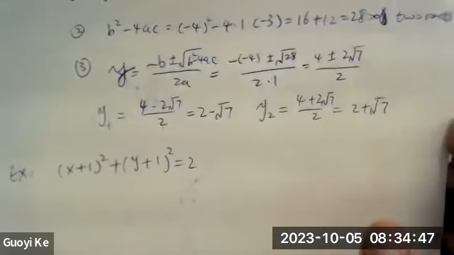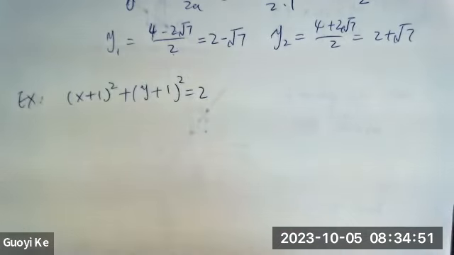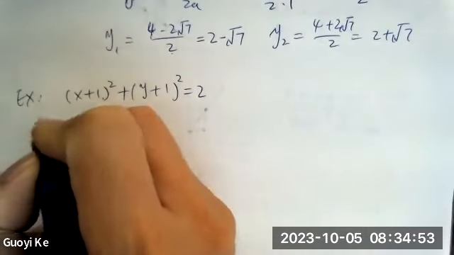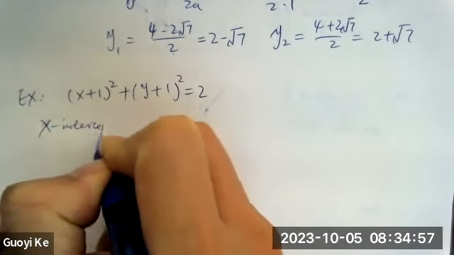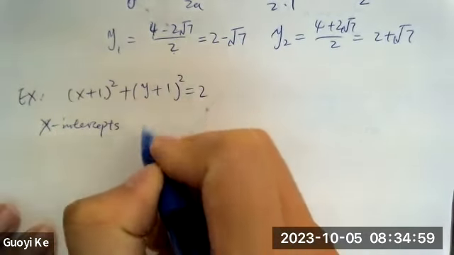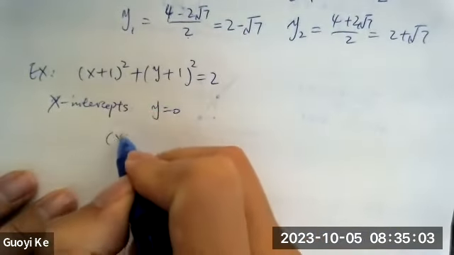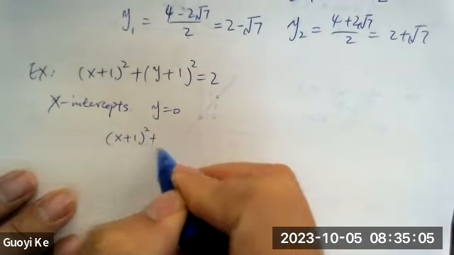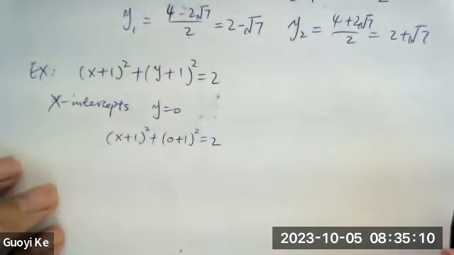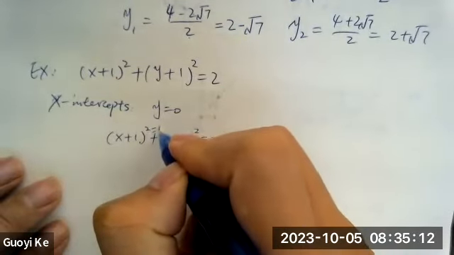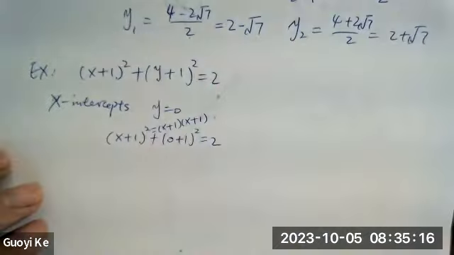Okay, let me solve it. On board. So the idea is simple. We let y equal 0 to find the x-intercept, right? Plug in. And the (x plus 1) squared should be x plus 1 times x plus 1, right?